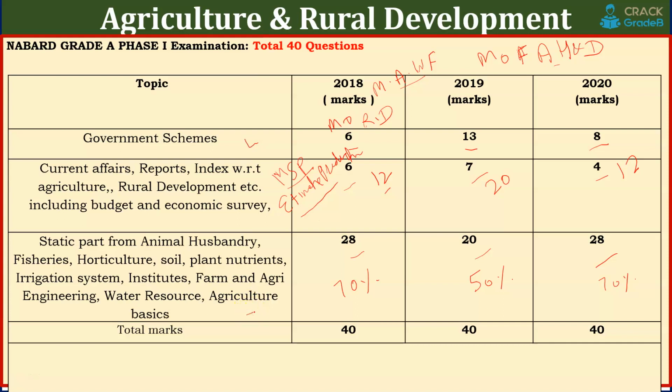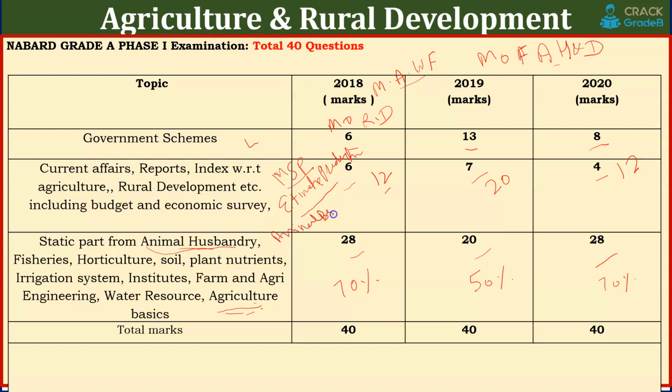And various revolutions you have to cover. And agriculture basic concepts you have to cover, like cropping pattern and various types of crops. These are the basic themes. And agriculture terminology and various branches of agriculture you have to cover. And in animal husbandry, mainly they used to ask questions about animal breeds.